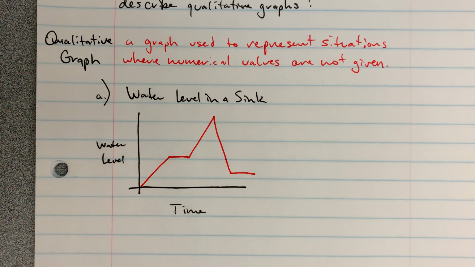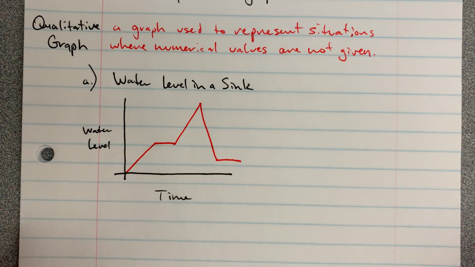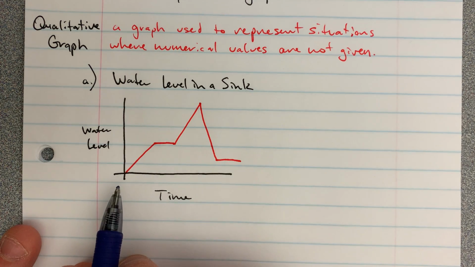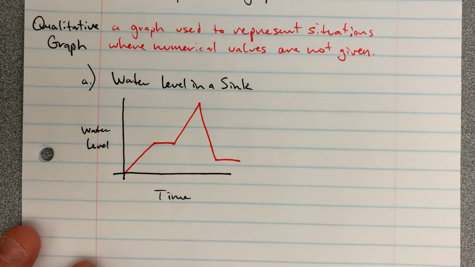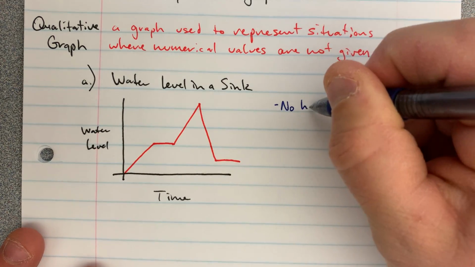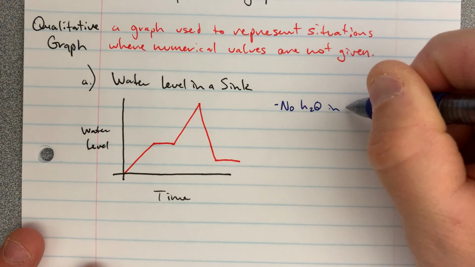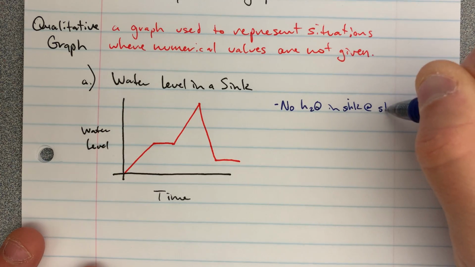So when we look at this information, we're going to have to answer some questions and more or less just, what do we notice? All right, so the first thing that I notice when I start off here all the way to the left is we have no water in our sink at the beginning. So I'm just going to note that. No H2O in sink at the start.